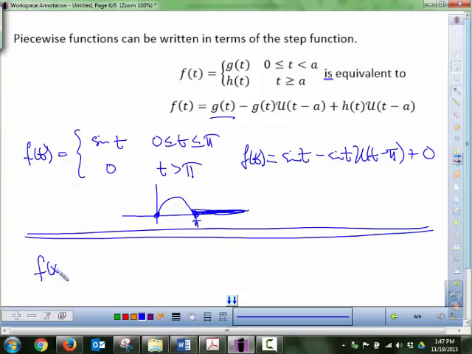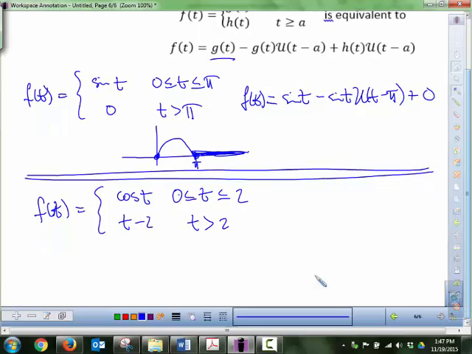Say your f of t is equal to, let's say, a cosine function from 0 to 2, and then after that it becomes a linear function, and I'm going to write it as t minus 2 when t is bigger than 2. So the graph of that might look like this.